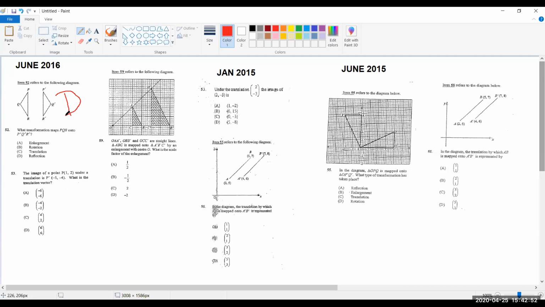B, sir. No. A. Yes, E. I'll tell you why, David. Because it's (1, 2), that's P, right? And if we add, let's try (-6, -6): 1 plus -6.